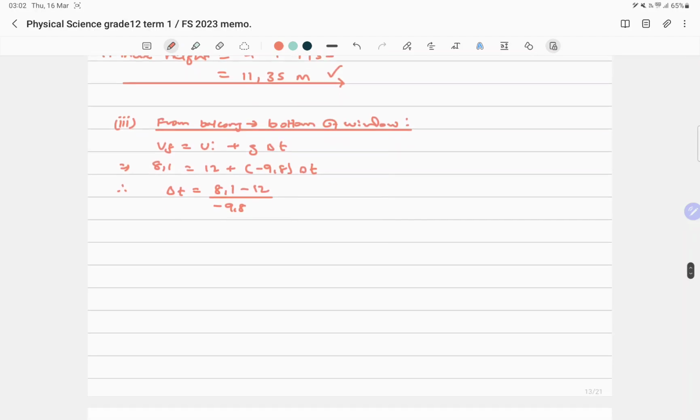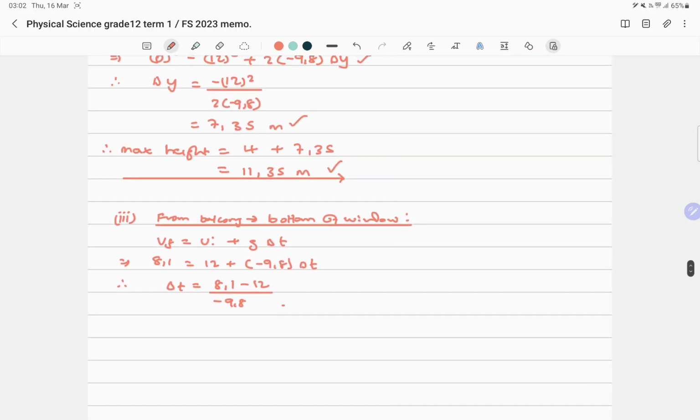Okay, maybe let's save a bit of space here by doing our answer over there. Although I don't like to do equal signs side by side. Okay, let's not kill my technique. You know, you got to protect your rep. So 8.1 minus 12 divided by minus 9,8.